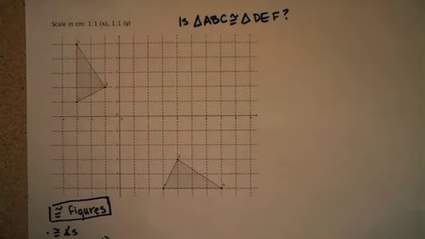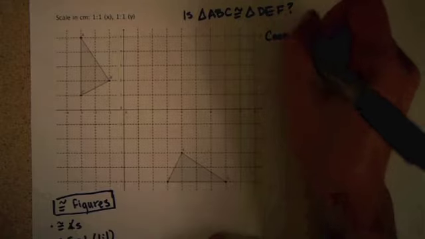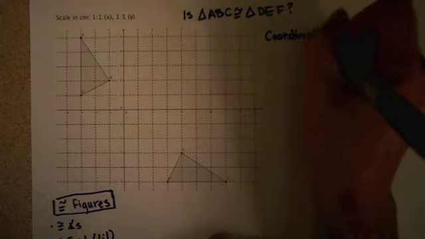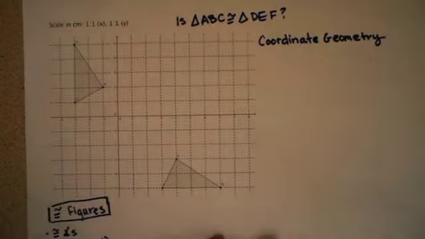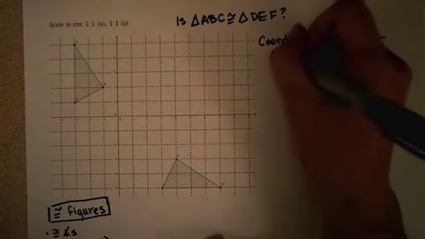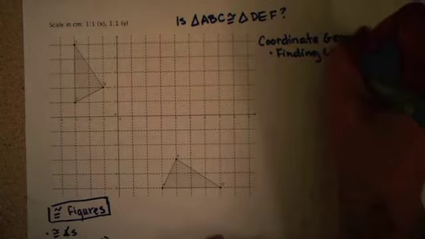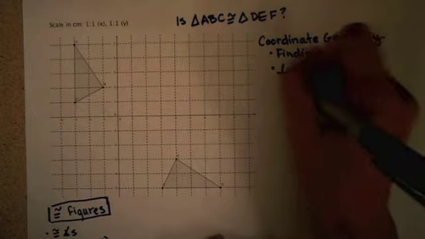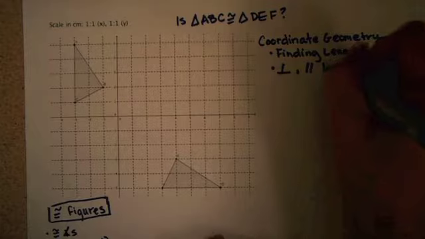So let's start off with what I can find from the coordinate plane, using my coordinate geometry. So far, all we really know with coordinate geometry is finding lengths, and knowing if things are parallel or perpendicular.